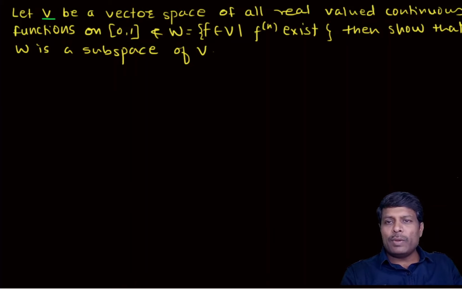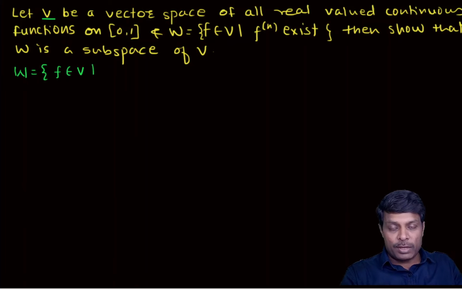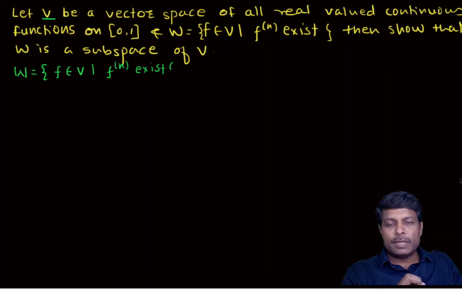Okay. Now here I am writing clearly what W is. So today's guest is W, who wants to become a subspace. This W contains mappings which are real valued as well as continuous, and one more condition we have imposed on W, that is the nth derivative of the mapping must exist, and such a set wants to become a subspace.